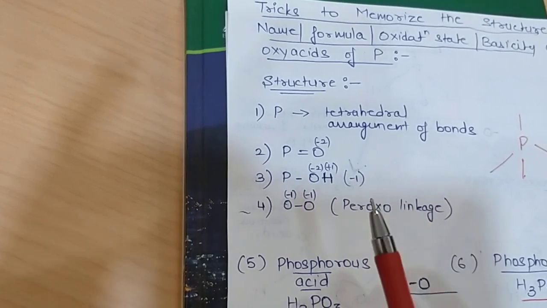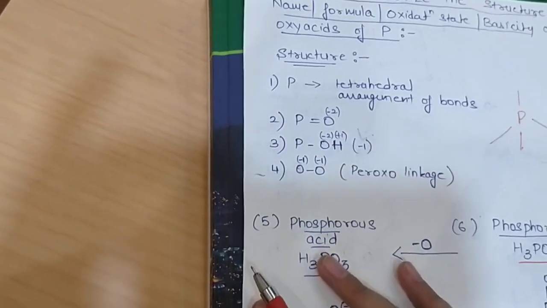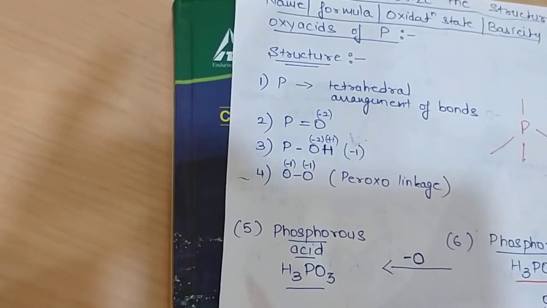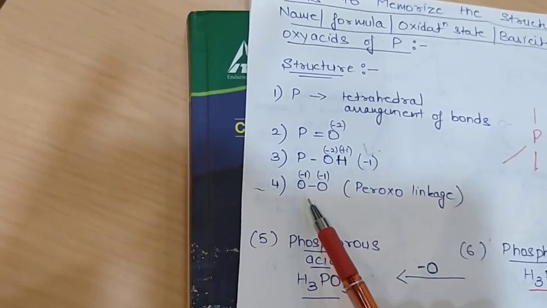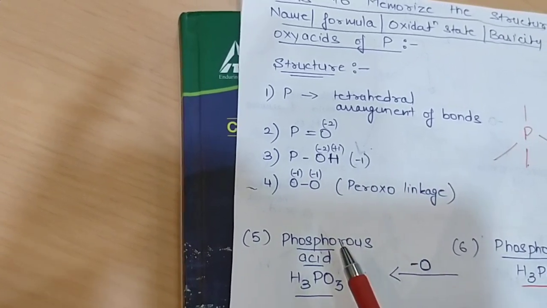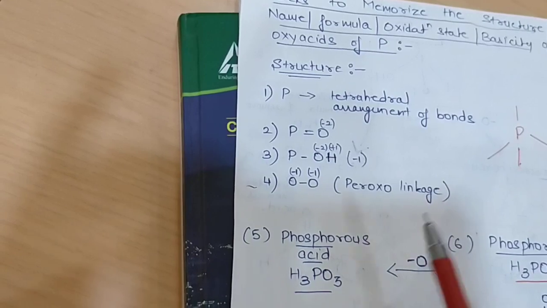These are the basics of how to find the oxidation state of the central metal atom in any chemical compound: whenever oxygen is in peroxide linkage, it is taken as -1, otherwise it is always in -2 oxidation state.